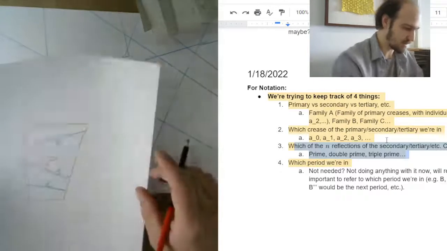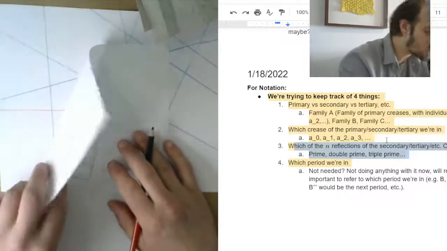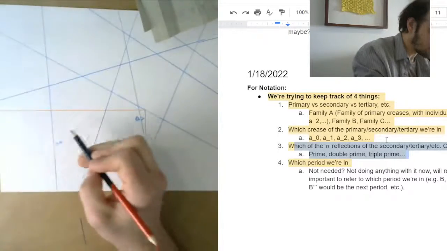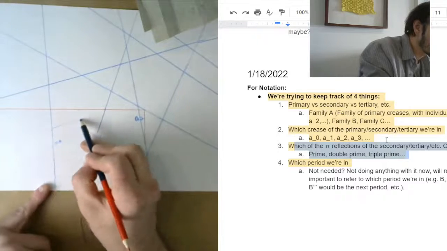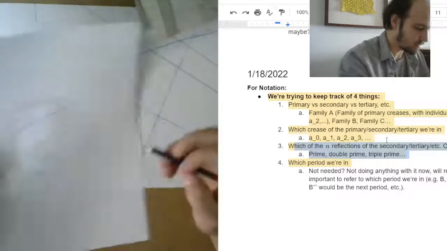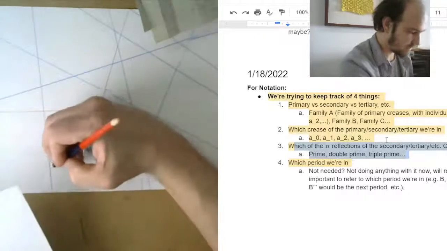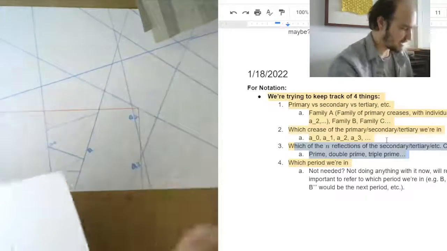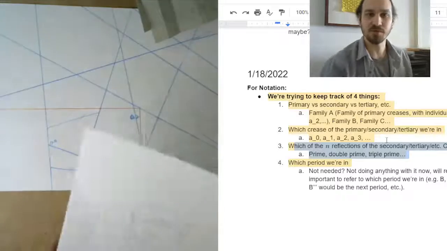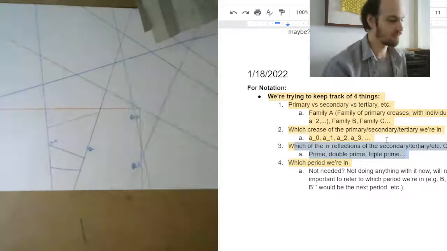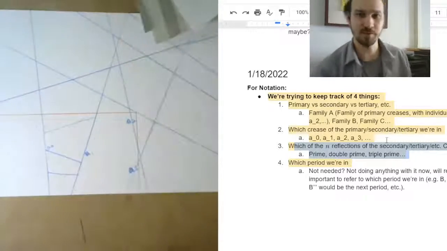But let's try to take this, and we've got basically this. We've got this-ish, and we've got this. And I didn't really think when I was putting those down. There's my rough transcription there.